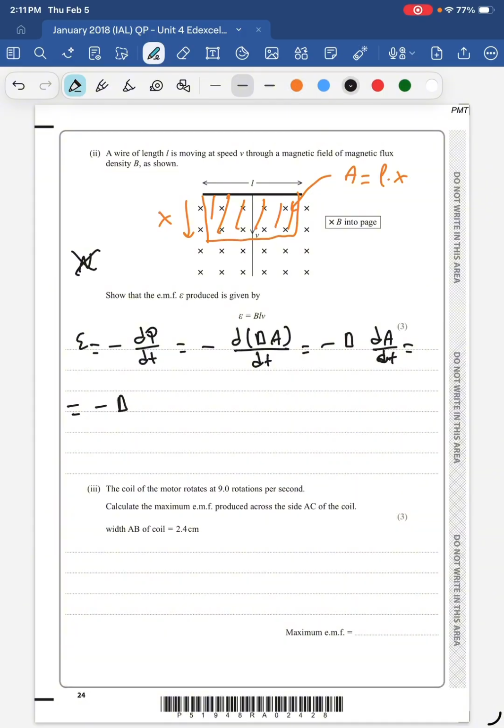So minus B d of L times X over dt, but L is a constant, so minus B L dx over dt. But what's dx over dt? It's the speed. So minus BVL, and we can drop the minus sign, because the minus sign only has to deal with Lenz's law and it's not needed here. So BLV, we proved it.